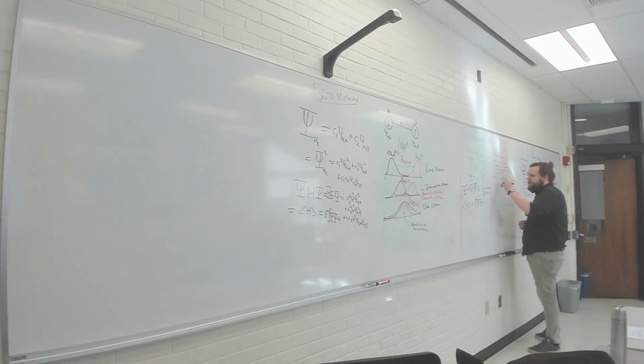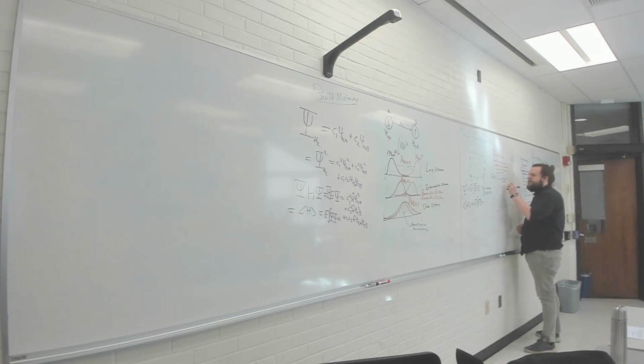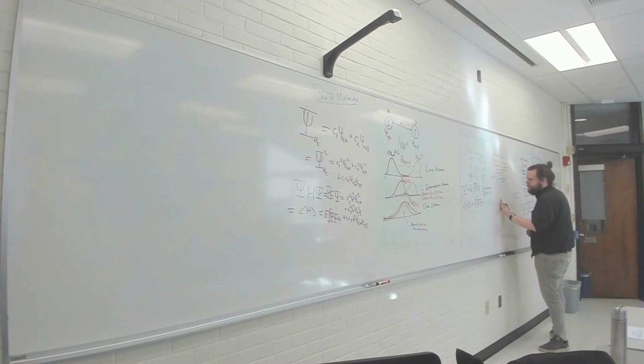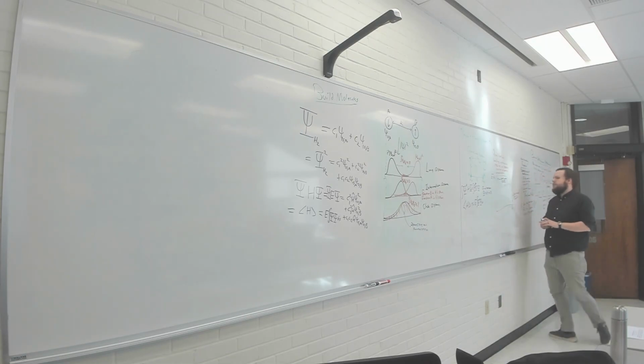And what you find is a curve that looks like this. So at close distance, actually, sorry, I have this wrong. Sorry, it goes negative. I apologize. Like that.